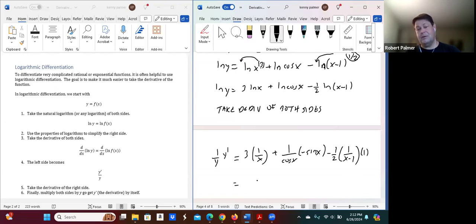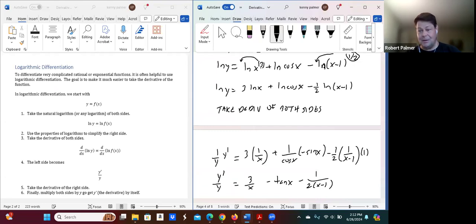Let's put all this together. We have 3 over x, then negative sine over cosine, which means negative tangent of x, and here we have minus 1 over 2 times x minus 1. This is still equal to y prime over y.